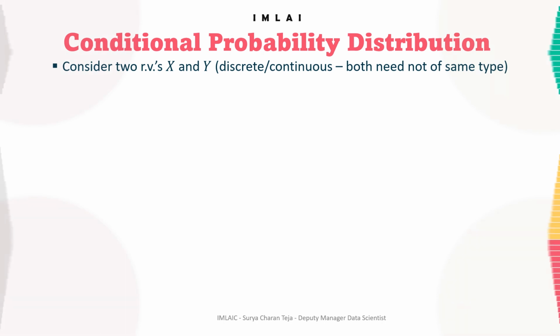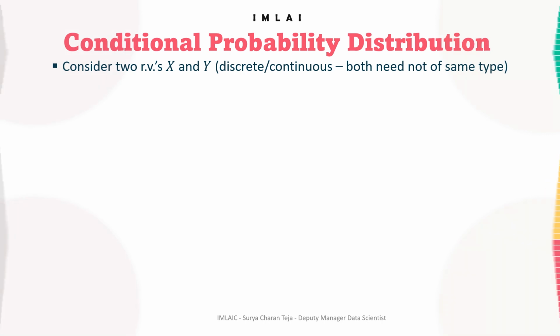So the conditional probability distribution is a probability distribution that gives us the probability of an event or a set of events occurring given the occurrence of some other event or some other set of events.